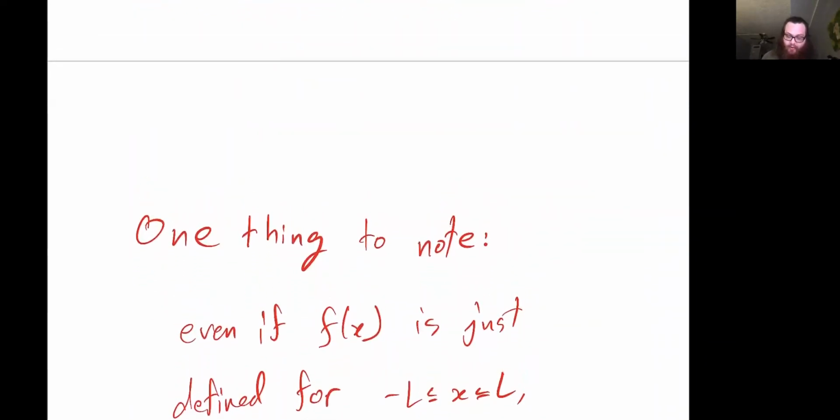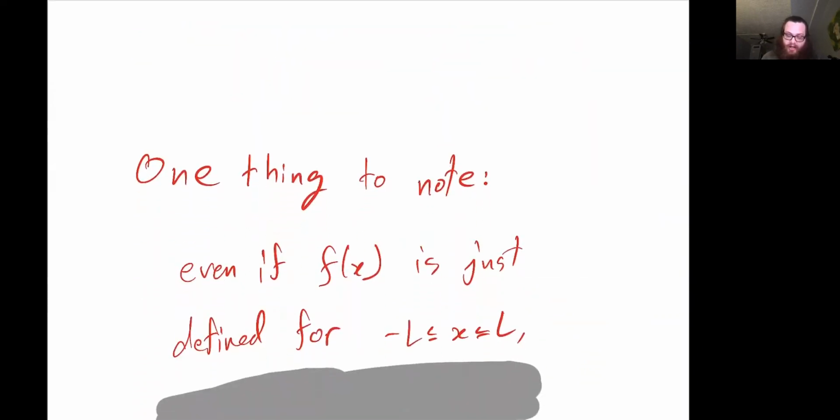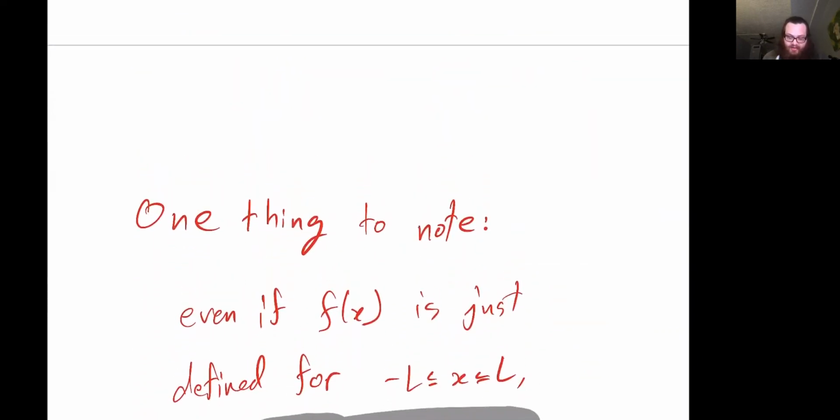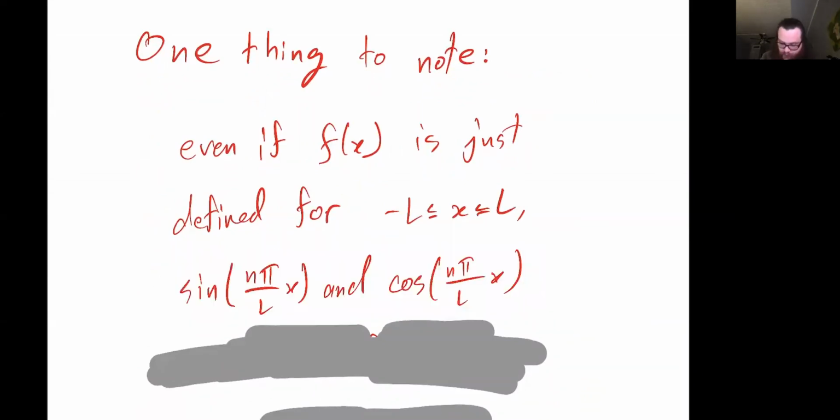And so before we address this question, when does this equality hold? One thing to point out and maybe notice is, even if our function f is defined for this interval negative L to L, which is the interval that we really care about, when we compute this Fourier series, we get these sine and cosine terms.